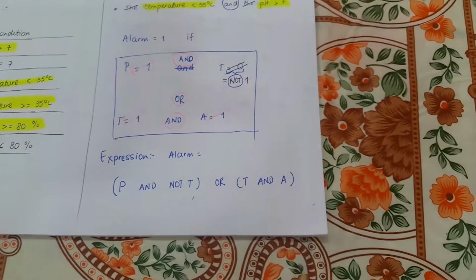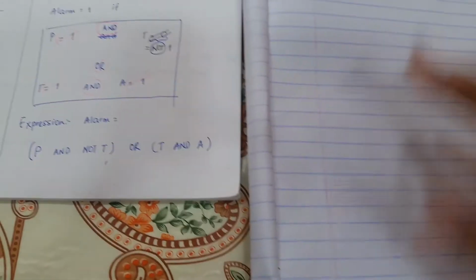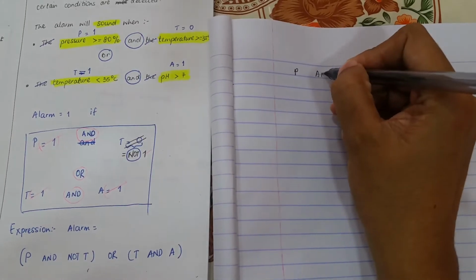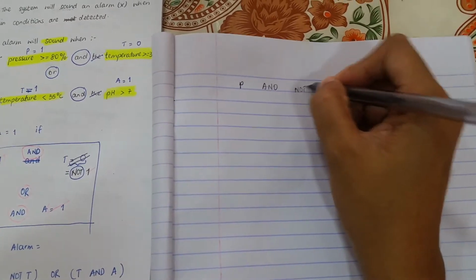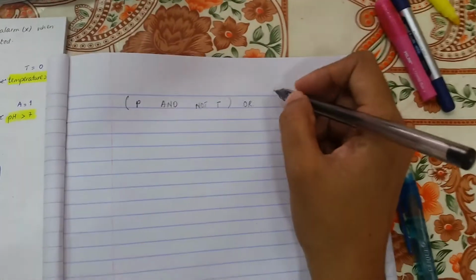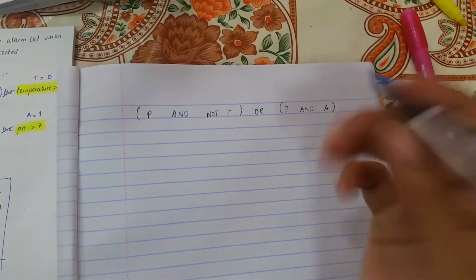I am going to use my exercise book here. So I have the expression P and NOT T, OR T and A. Here the main gate is the OR gate.